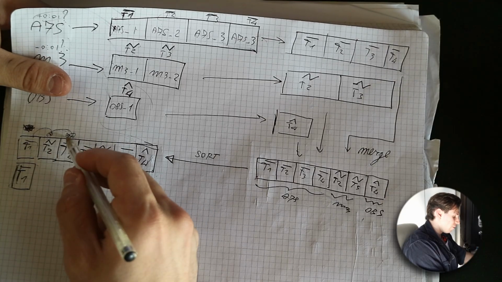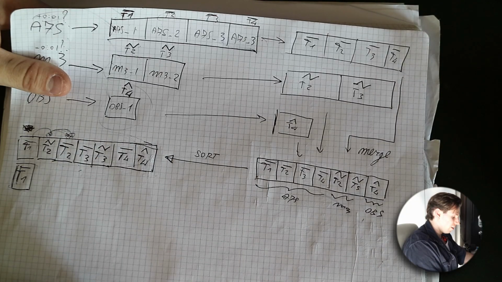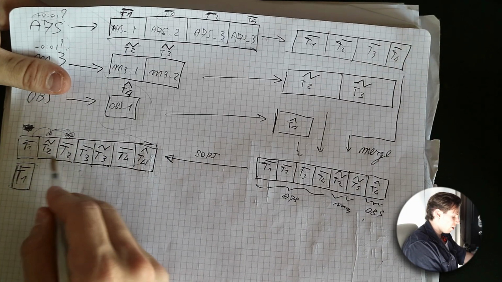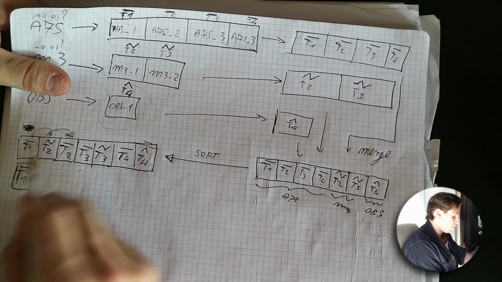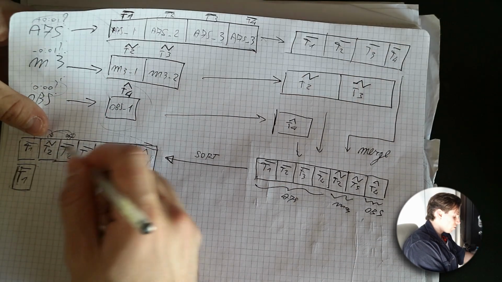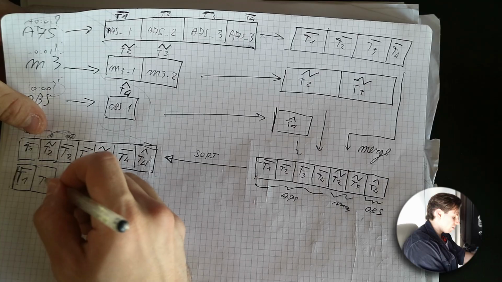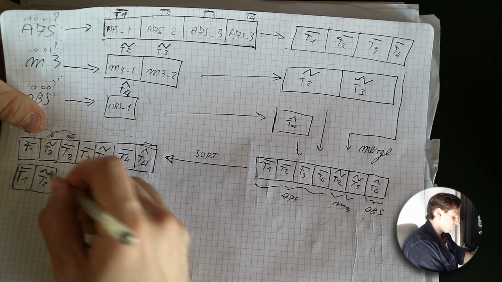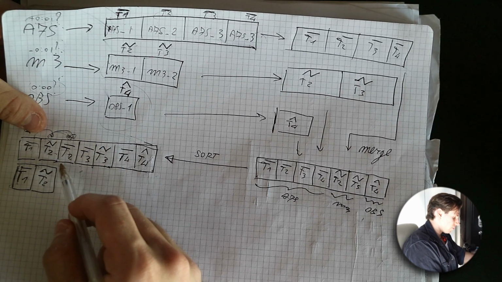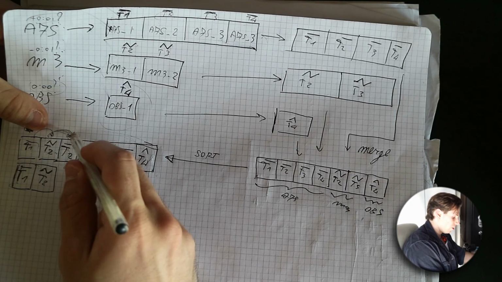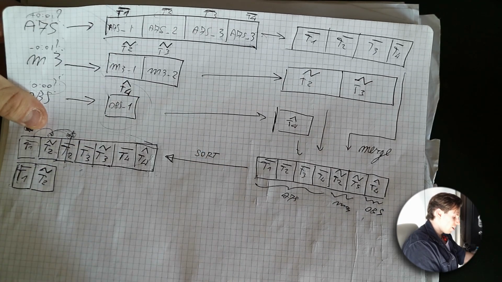This one has an adjacent one similar. They are both T2, but they are similar. So yes, delete the adjacent one. I don't have this one anymore because it is deleted. I have T3.